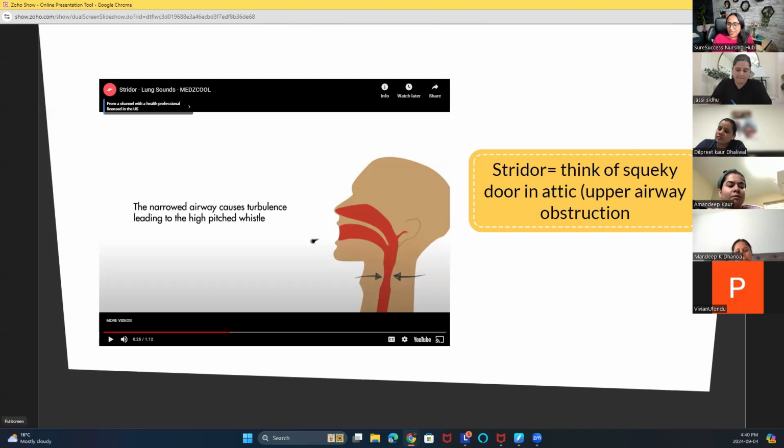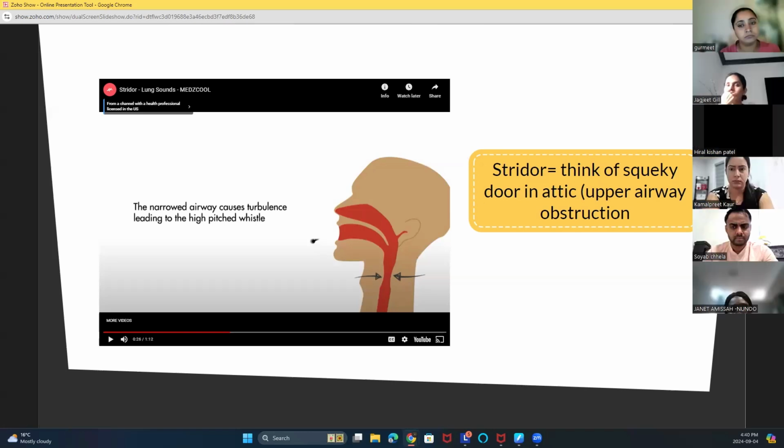Very good. For stridor, the constriction of the airways, we give oxygen. How do we decide whether oxygen is helping? We check the SpO2.